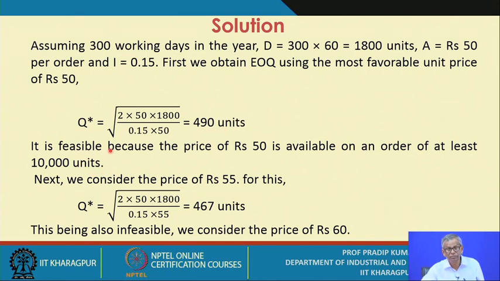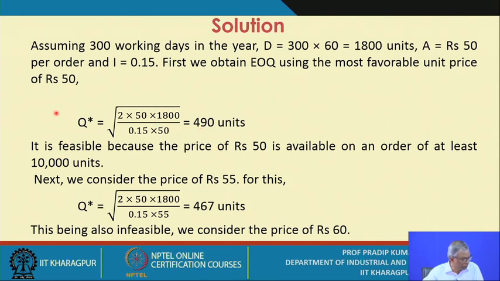Now it is not feasible because the price of rupees 50 is available only on an order of at least 10,000 units. Next we consider the price of rupees 55, and again you determine Q star as 467 units. This is also infeasible, so we consider the price of rupees 60.